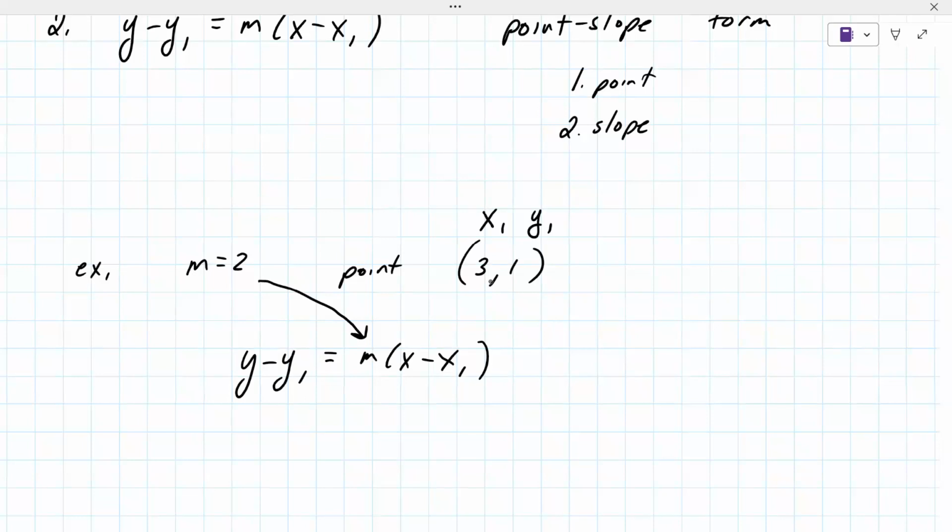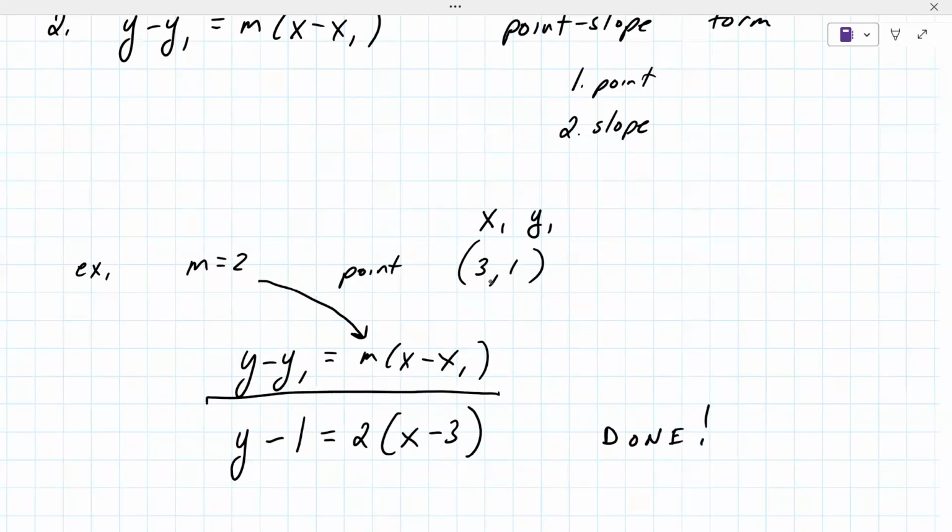So what that means is it's y minus 1 equals 2 times x minus 3, like that. You're just putting those numbers in for x1, y1, and 2, and you're done right here. A lot of students are like, what do you mean I'm done? You're completely done right here. All right, so let's look at another example.